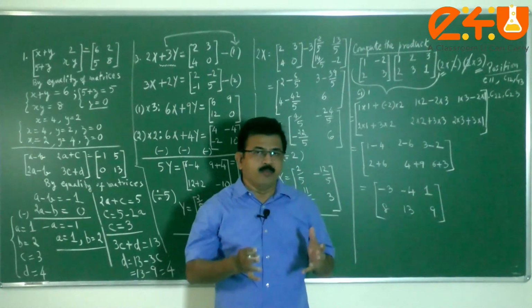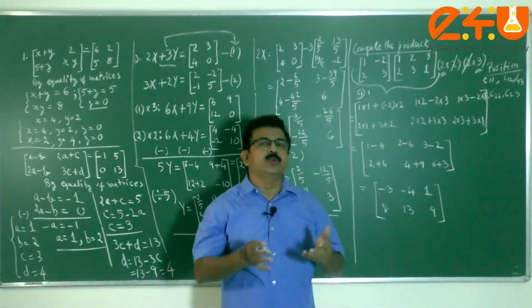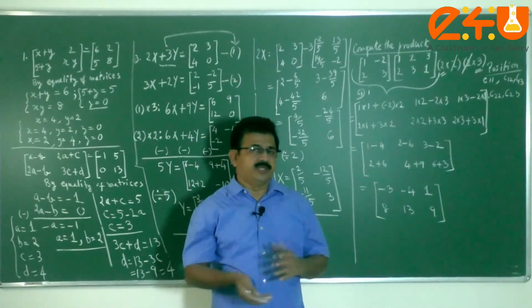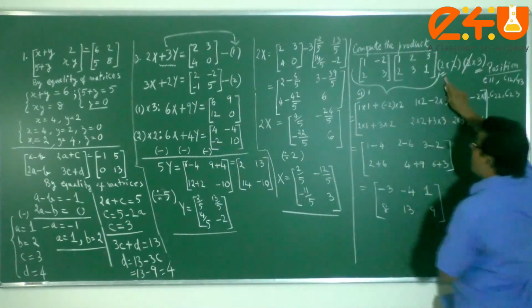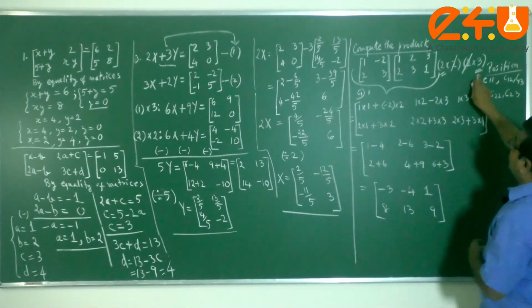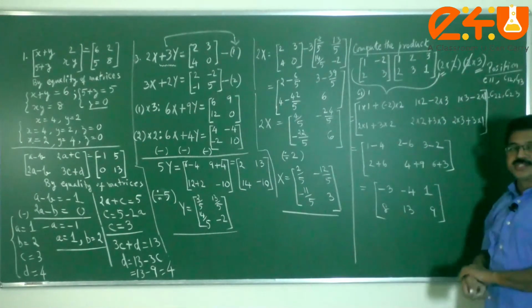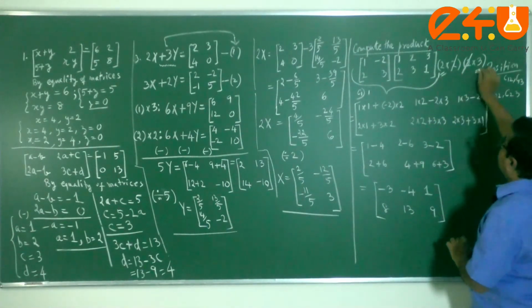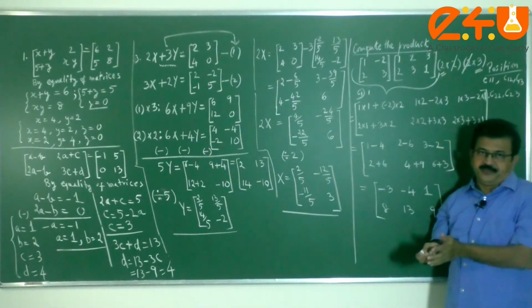When you say filling the product matrix, you should understand how many elements are going to be there in the product. That will be clear if you understand the order of the product matrix. The order of the product matrix is obtained by striking off the number of columns in the first matrix and the number of rows in the second matrix. The remaining numbers indicate the order of the product that you are going to create.